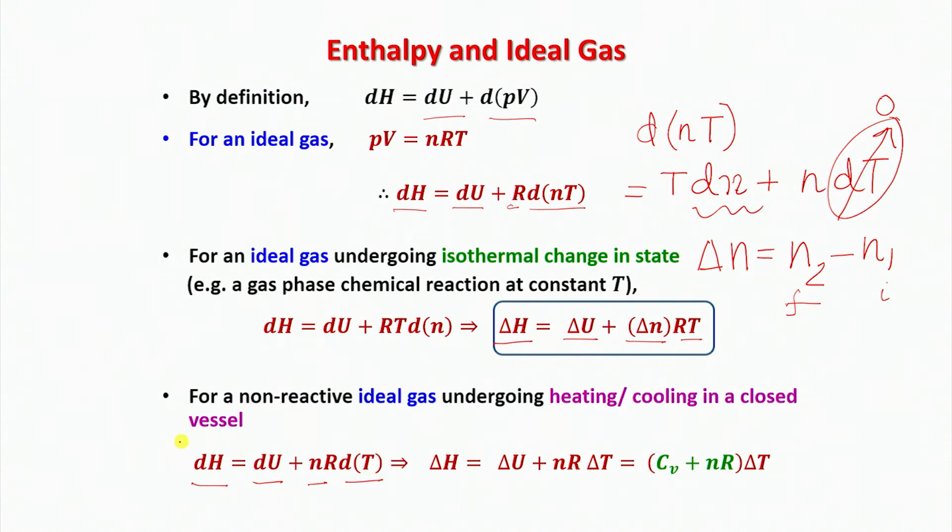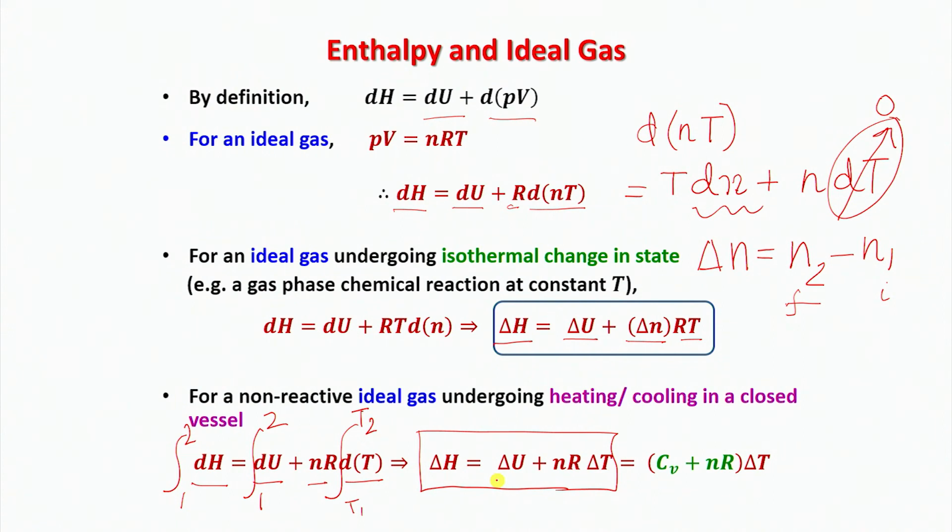So if I now integrate on both sides between the initial state and the final state, what shall I get? I will be integrating from T1 to T2 for the second term, and therefore what I would get is delta H is equal to delta U plus nR into delta T.